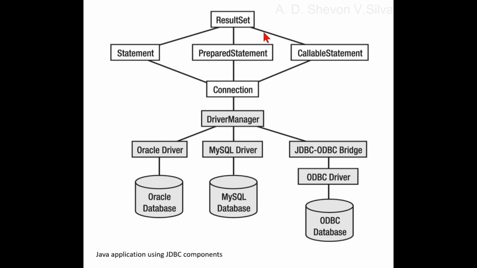Here is the interface ResultSet: a table of data representing a database result set, which is usually generated by executing a statement that queries the database. Interface Statement: the object used for executing a static SQL statement and returning the result it produces.